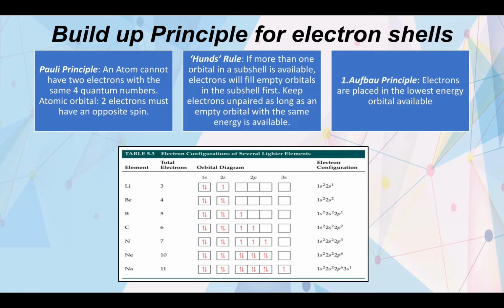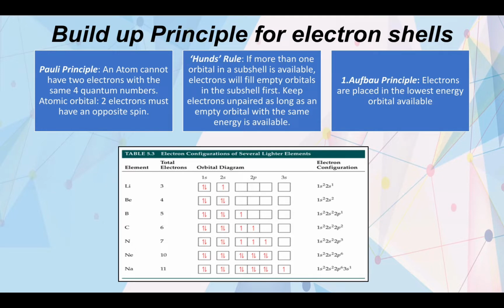Hund's rule is used if the subshell has more than one orbital. The Aufbau principle says electrons are placed in the lowest energy first before they can be put into the highest energy.